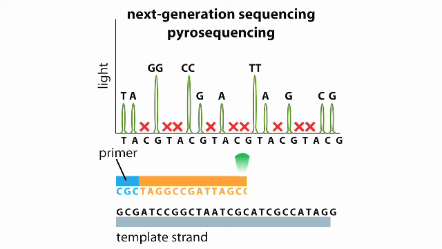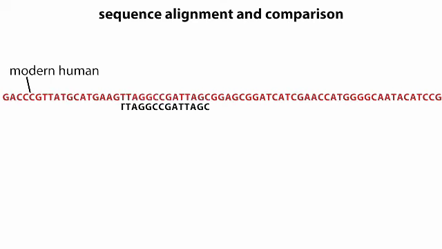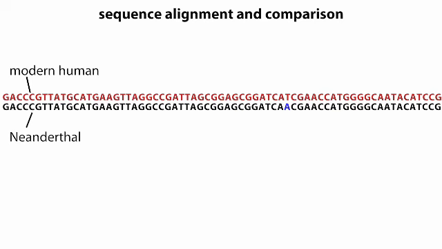The sequences determined for the Neanderthal DNA fragments can be aligned with those known from modern human DNA and overlapped with other Neanderthal fragments to produce a full sequence. By 2010, a draft of the Neanderthal genome sequence was completed, with some regions covered multiple times.